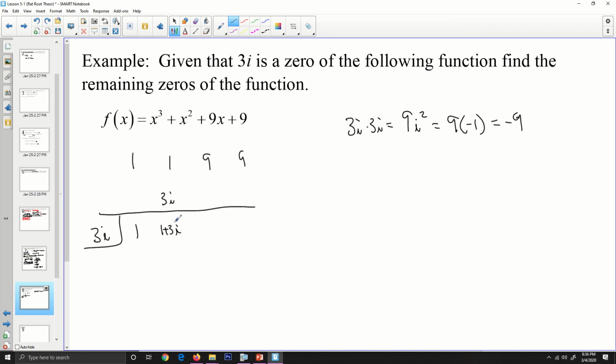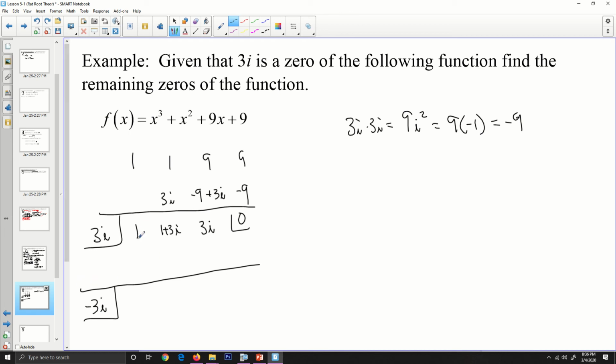I need that negative 9 because I'm going to get that to cancel out. Then 3i times 1 gives me 3i, and when I add these together, I get just 3i. Then 3i times 3i is again 9i squared, which is negative 9. That gives me 0.